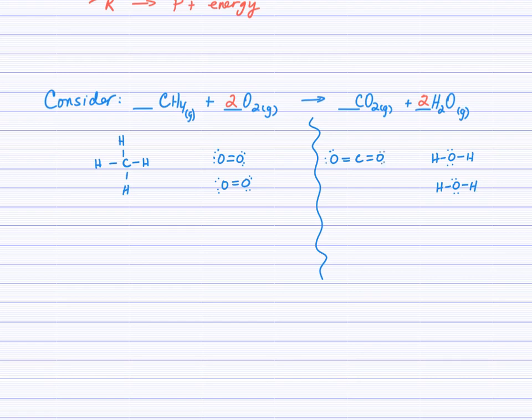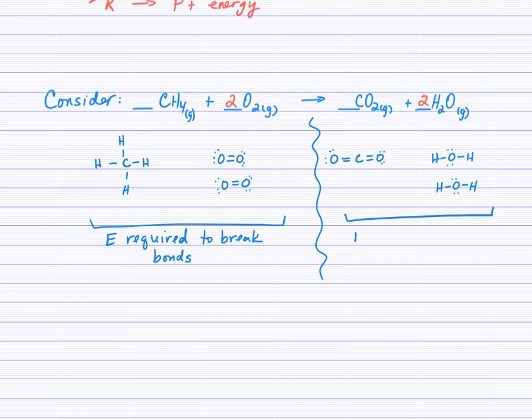And so the idea is that on this side of the reaction, energy is required to break these bonds. Absolutely. If we're going to form new products, we're going to have to break bonds in these reactant particles. That is always true. Energy is always required to break bonds. On the right side, new bonds are being formed.